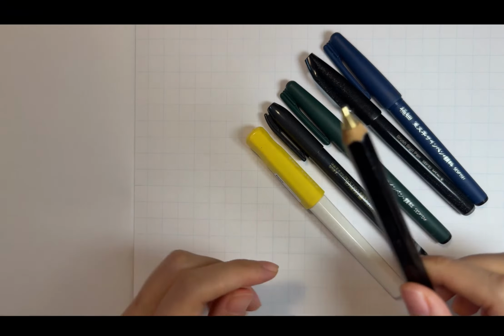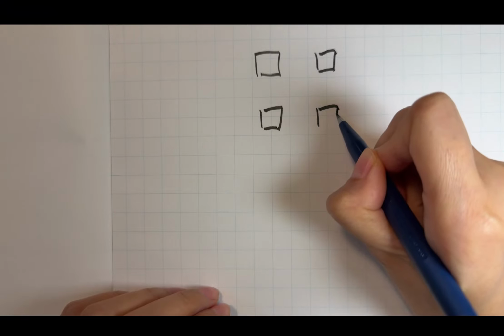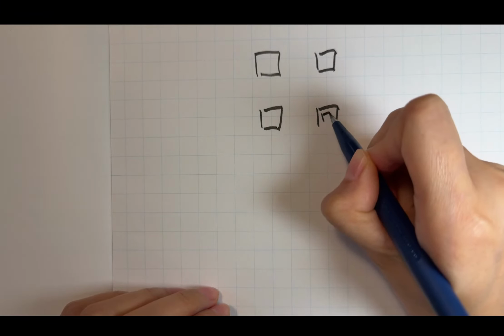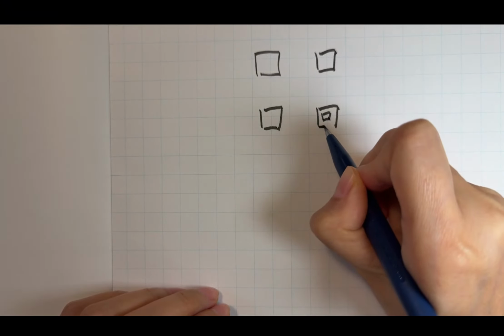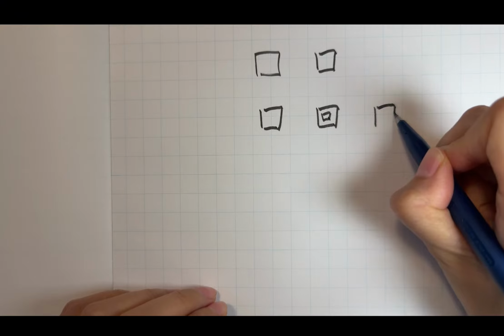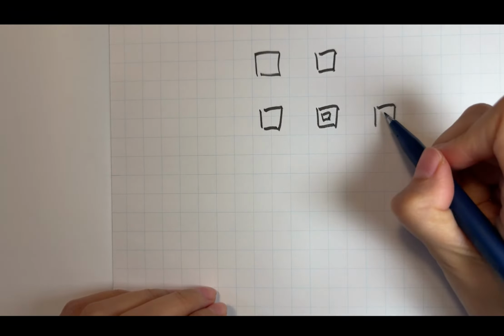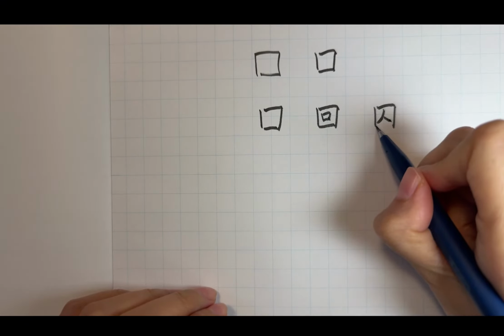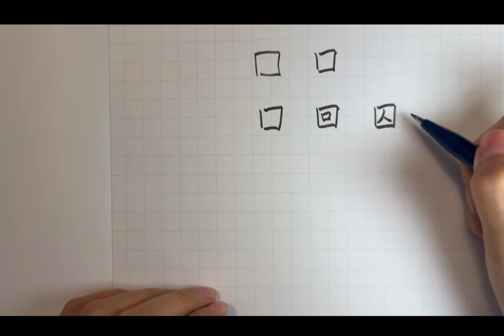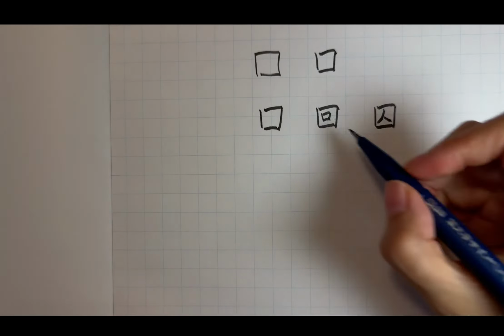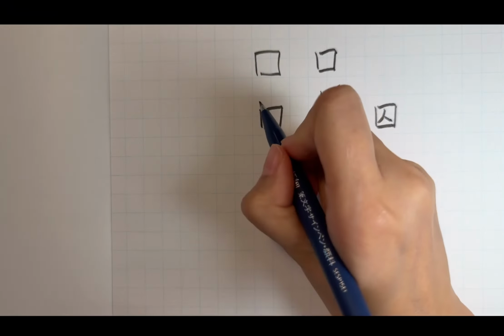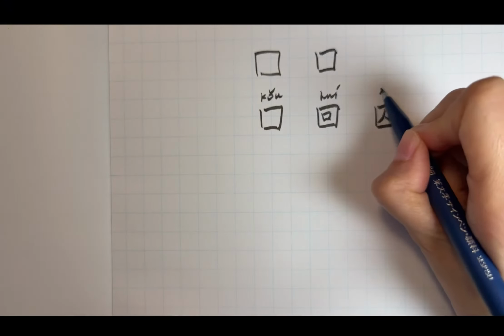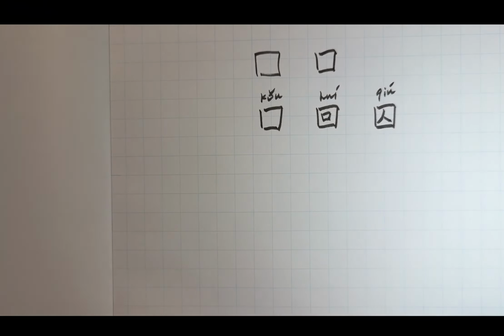For characters where you see something in the box, before you close the box you can put something in and then close it. For example, that is the 回 of 回家, and this is 囚, like a prison, right? You put the person in a box, in the cage. So that is 囚, and this is 回家. This is 口. This is 囚, like a prison.